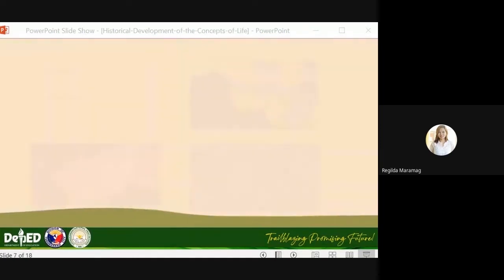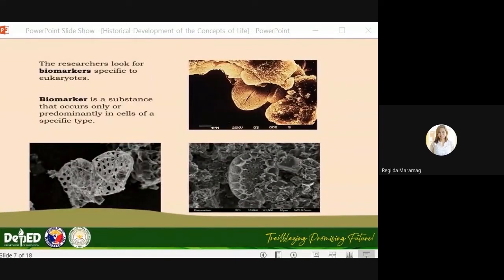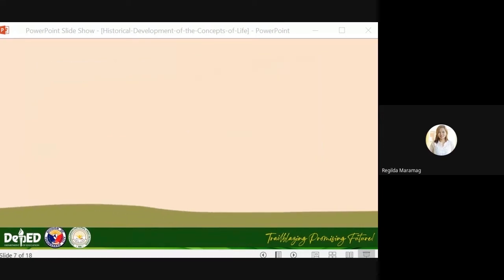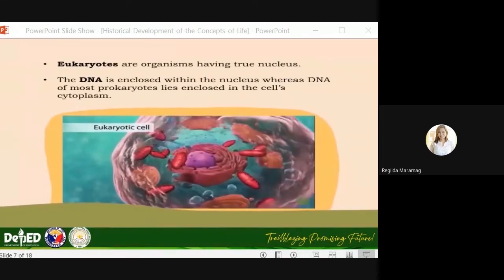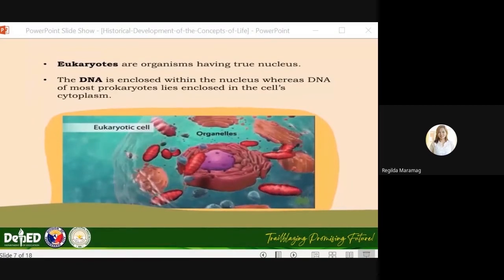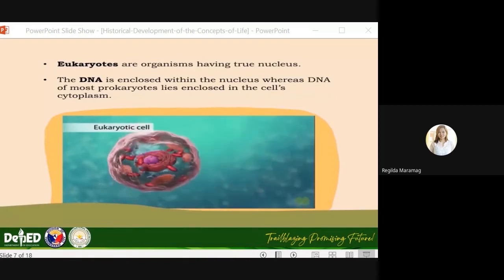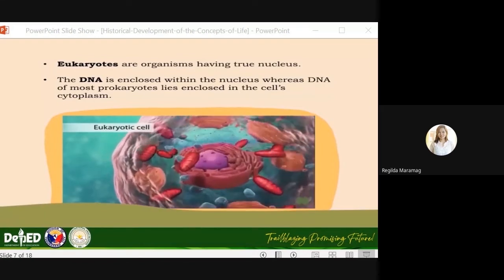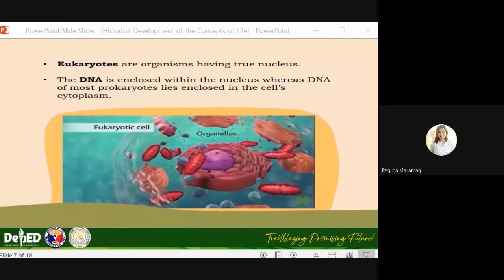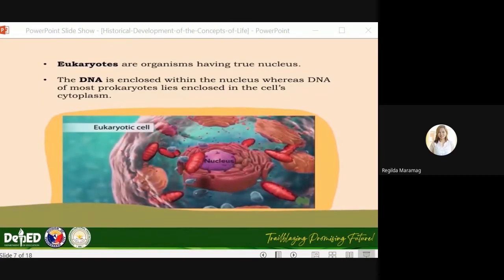The researchers look for biomarkers specific to eukaryotes. Biomarker is a substance that occurs only or predominantly in cells of a specific type. Eukaryotes are organisms having a true nucleus. The DNA is enclosed within the nucleus, whereas the DNA of most prokaryotes lies in the cell's cytoplasm.